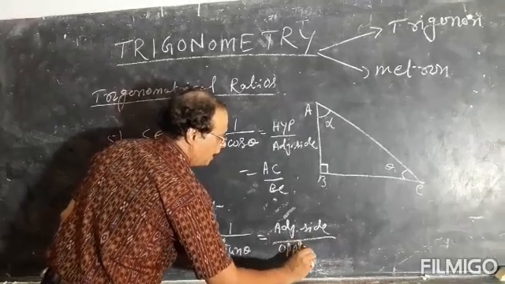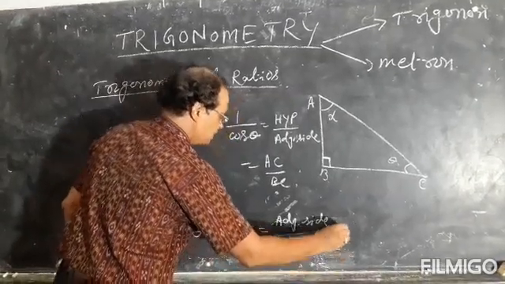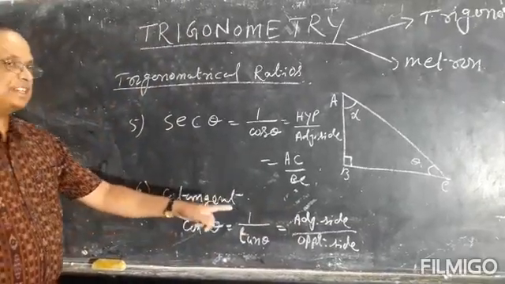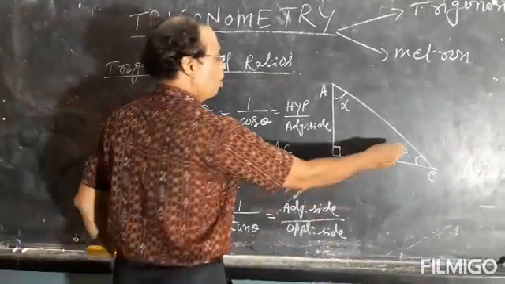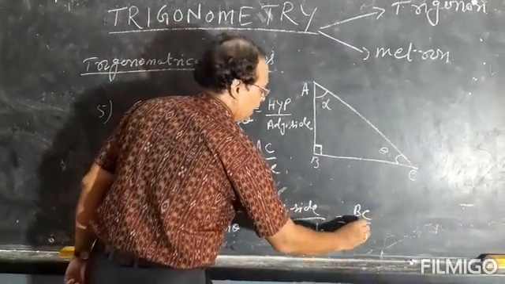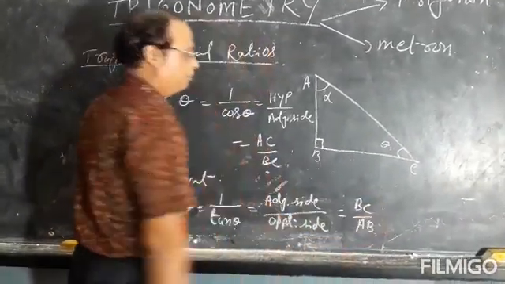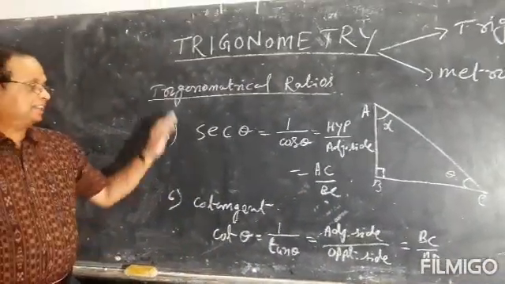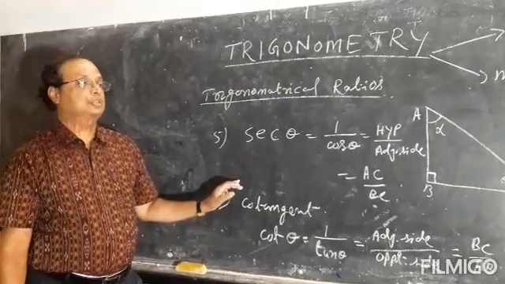Because tan theta is opposite side by adjacent side, cot theta is adjacent side by opposite side. So cot theta here is BC by AB. Clear? So these are the 6 T ratios.